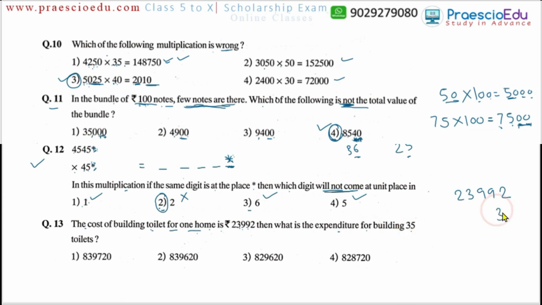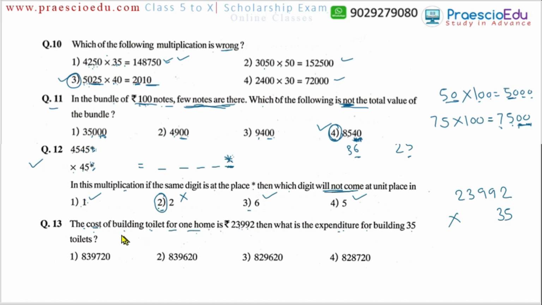So total 35 toilets have to be built. This cost of building is also the expenditure. These are two words used here. Building means the construction. So the meaning is that to construct one toilet for one home, this much expenditure, or we can say this much amount is required.